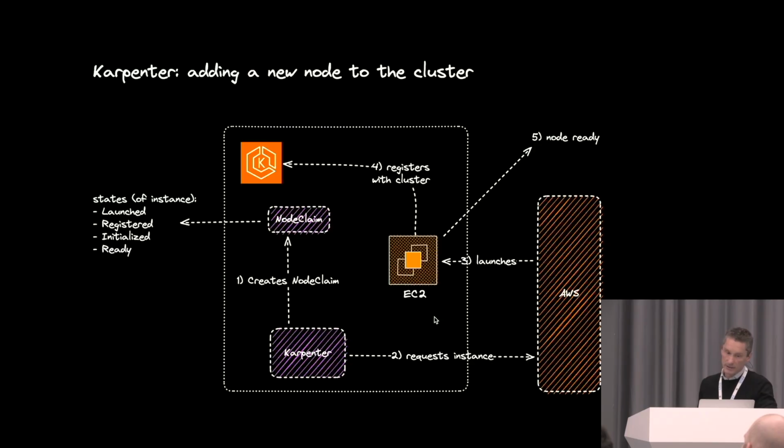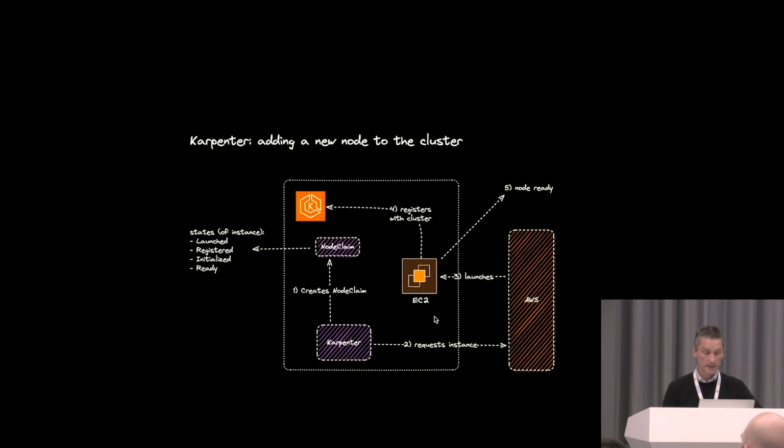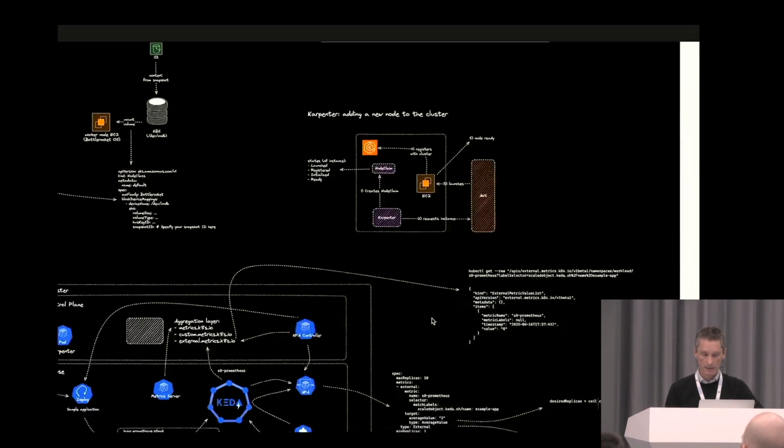First of all, Karpenter creates the node claim, which again represents a request, and then submits the request to the cloud provider. After the instance is launched, the node needs to register with the cluster, and then finally the node is labeled as ready. All these states are represented in the state associated to the node claim, and that can be explored as well while the process is going on.